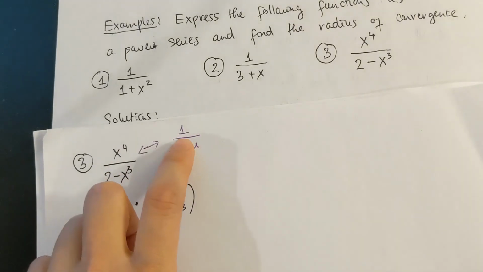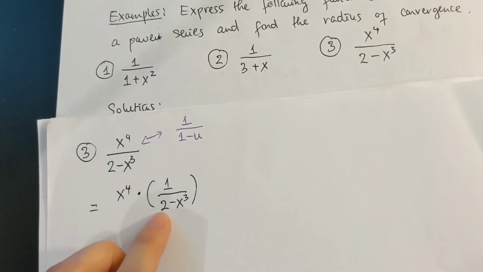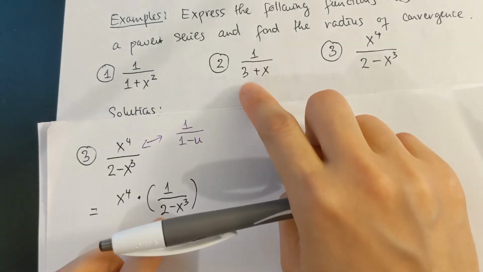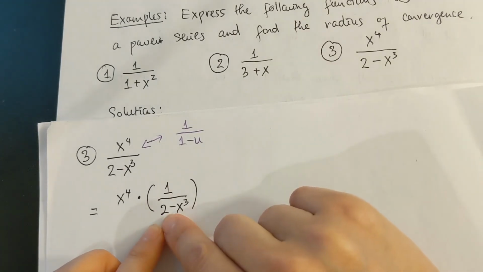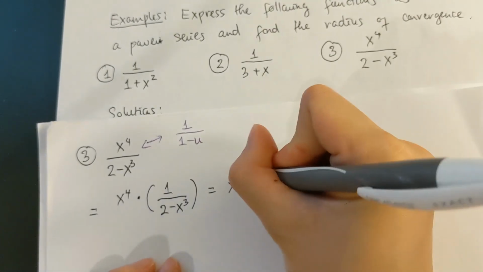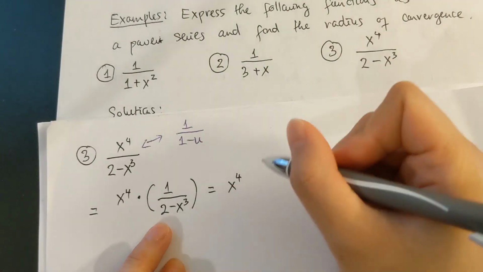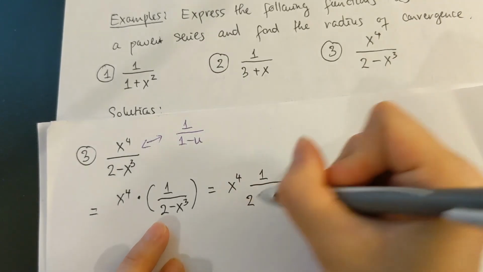Now it's looking more like this, at least for the top part. Now we're taking care of the 2. Well, like the last example, we just factor out the number here to make it into 1. So I will factor out 2.